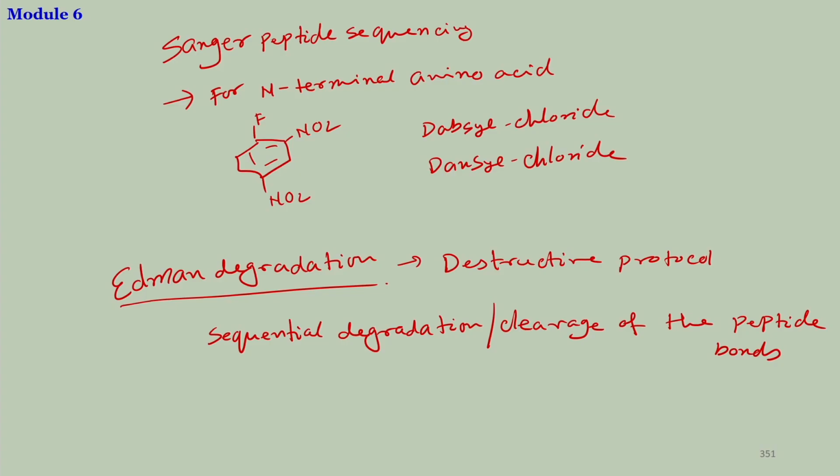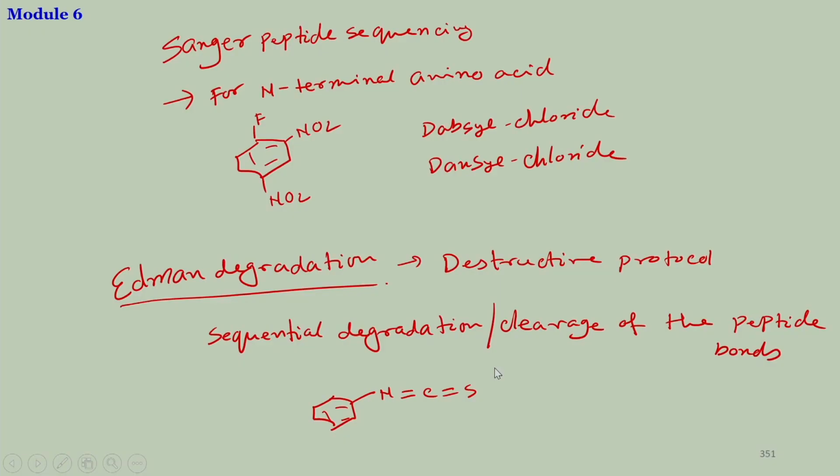The reagent that we have used is also a chemical reagent, phenyl isothiocyanate. Nowadays the Edman degradation method is pre-programmed. Just like a PCR machine, there is also a peptide sequencer, like you have a DNA synthesizer or DNA sequencer.